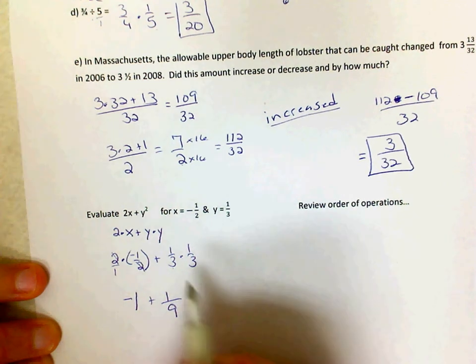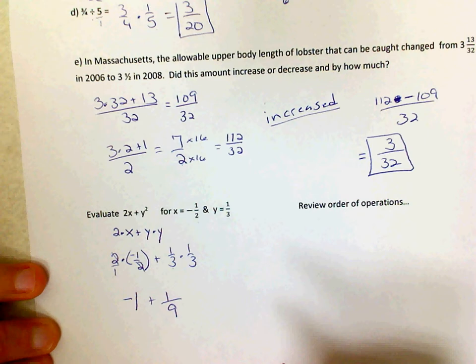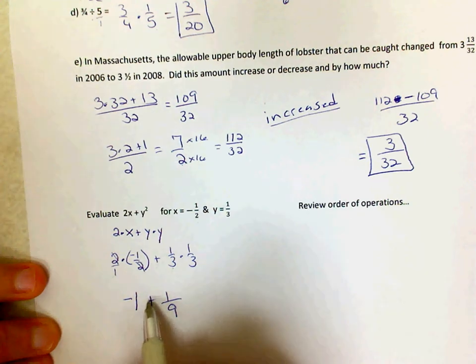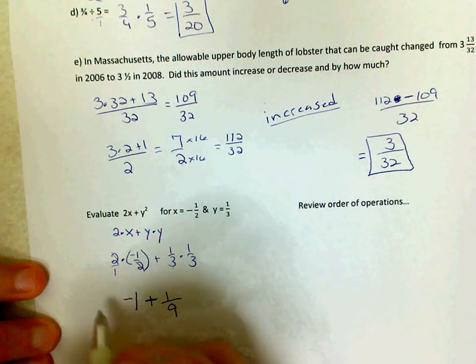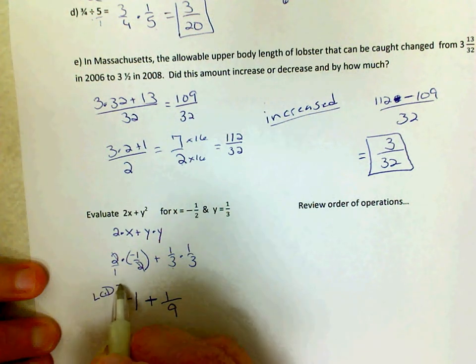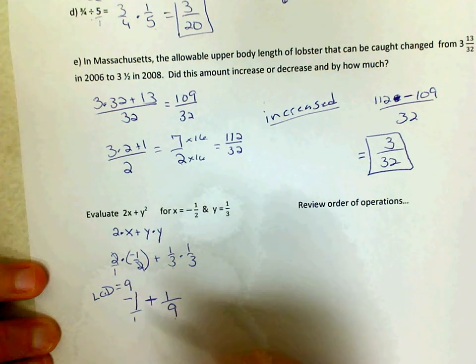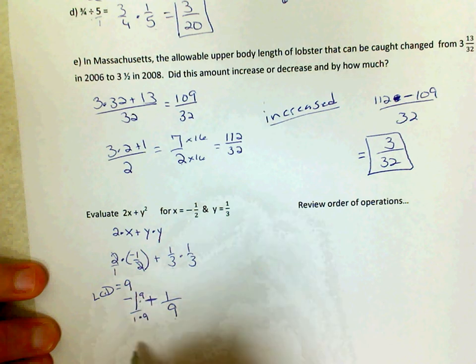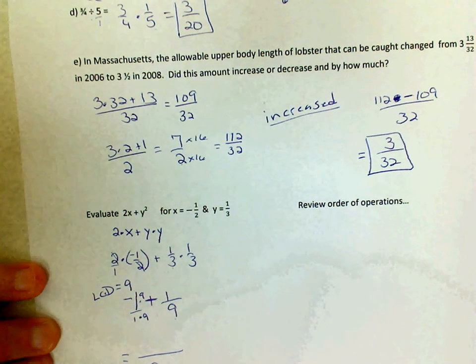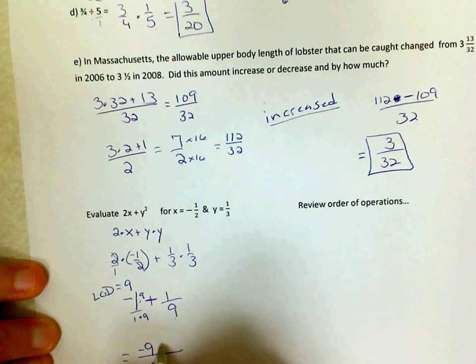So notice with multiplying, we don't have to have common denominators, but with adding and subtracting we do. So our common denominator, or our LCD, well, that's a 1 and that's a 9, so it's the biggest number. So I have to times this by 9 and times this by 9, and what I get is, I put a 9 on the bottom because it's our LCD, and negative 1 times 9 is negative 9 plus 1.